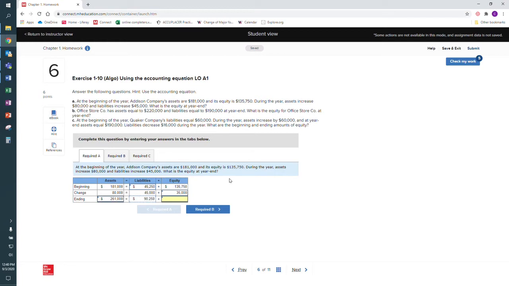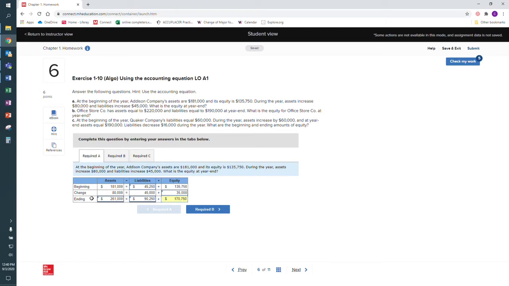And then let's look at equity. I had $135,750 in equity plus the $35,000 I calculated must have been added to that, which means my equity should be $170,750 at the end of the year.